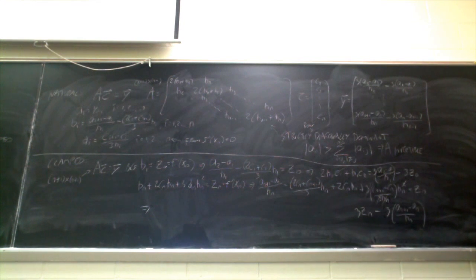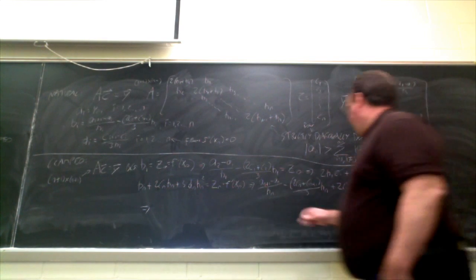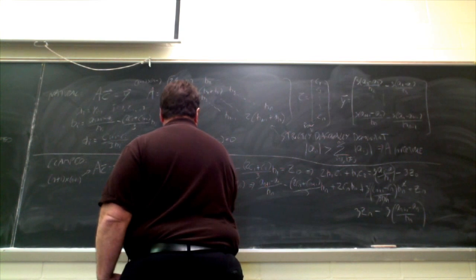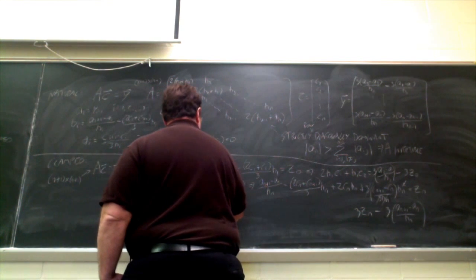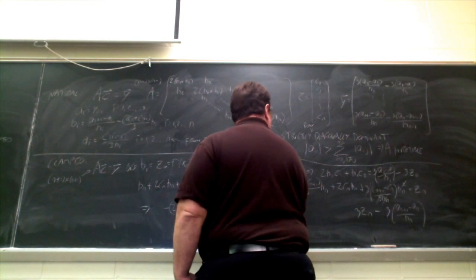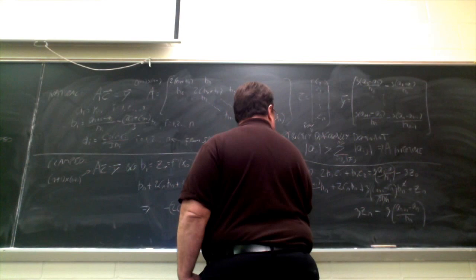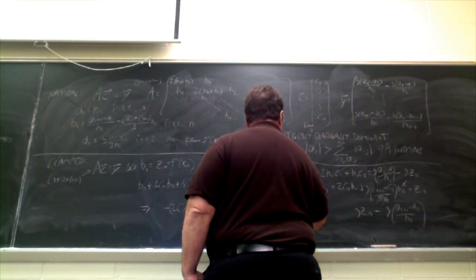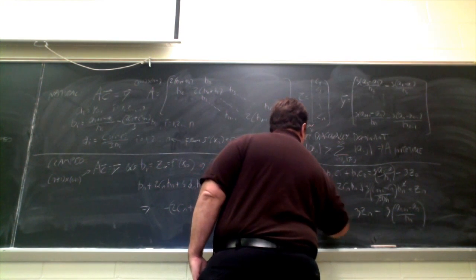Cool. Okay. And then everything else that's left, I have stuff multiplied by 3, so I have minus 2 cn plus 1 hn plus 6 cn hn plus 3 cn plus 1 minus cn hn, equals all that.